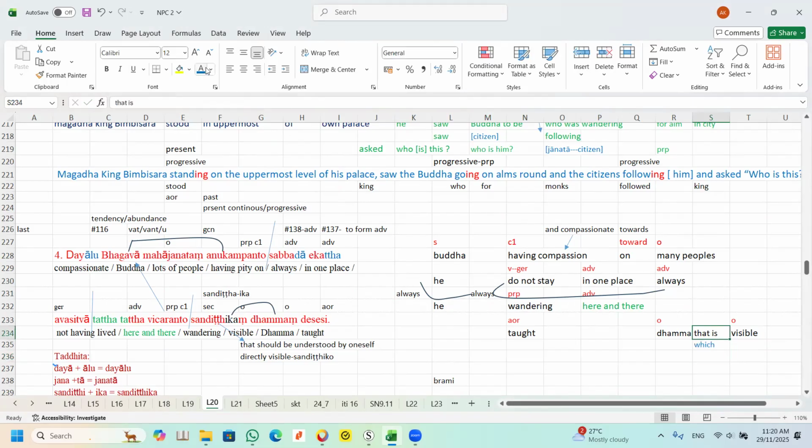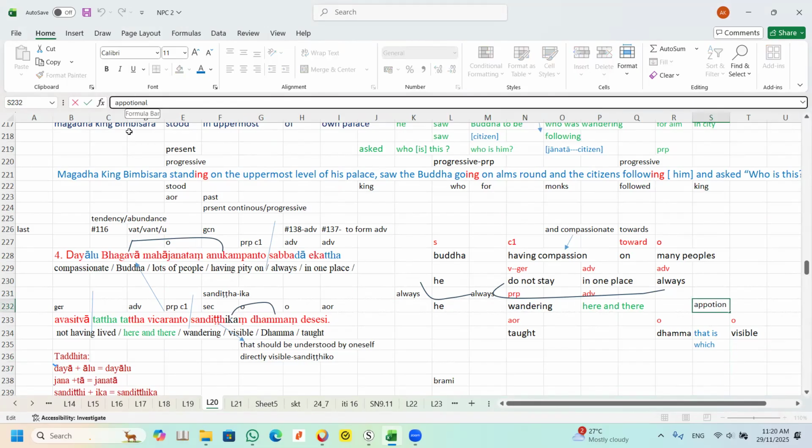This one is making this and this in apposition. Spell correct: apposition.